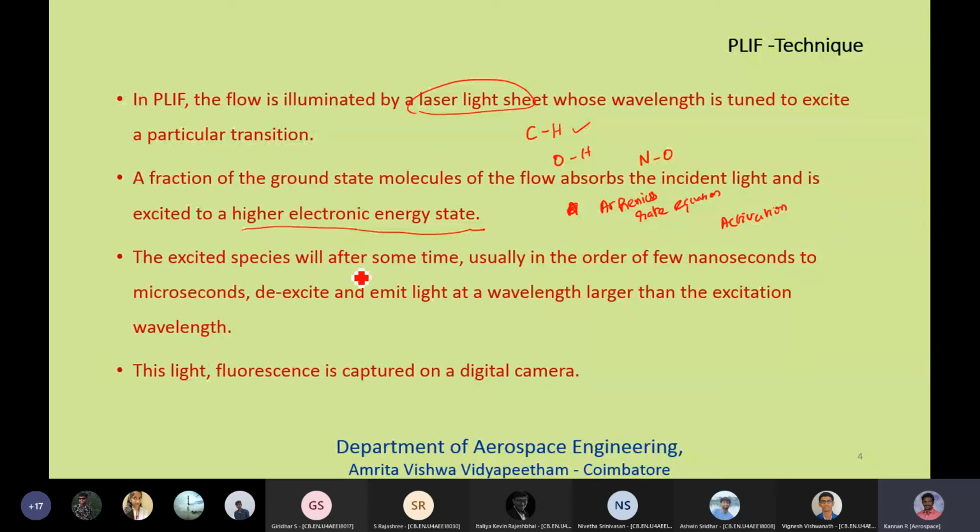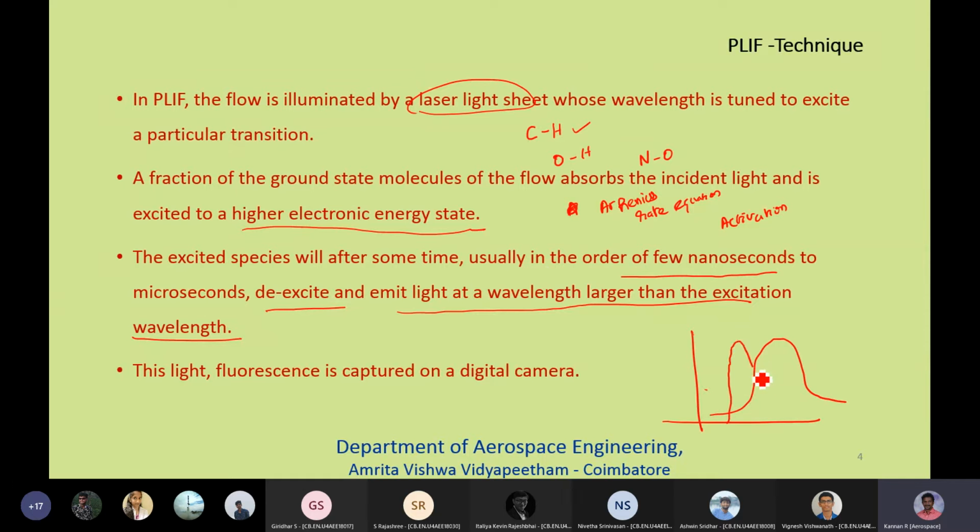The excited species will, after some time, usually in the order of a few nanoseconds to microseconds, de-excite and emit light of a wavelength larger than the excitation wavelength. Whatever your laser excitation wavelength is, the de-excited particles emit at a different wavelength. From this difference, after correlation, you can find out your species.